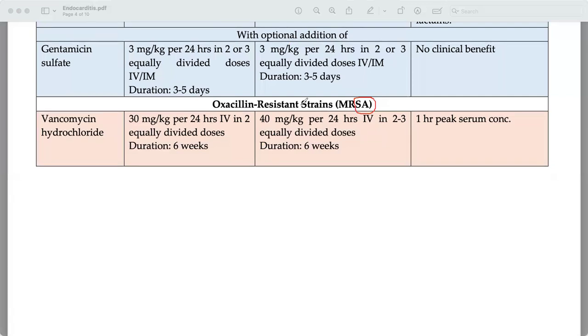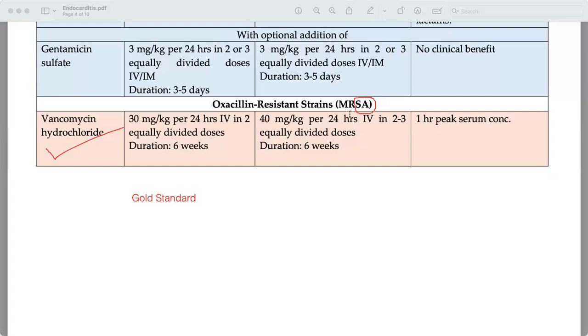In this case, the drug of choice, or we can say gold standard, is vancomycin hydrochloride. We can say it's the gold standard for treatment of oxacillin resistant strain of Staphylococcus aureus.